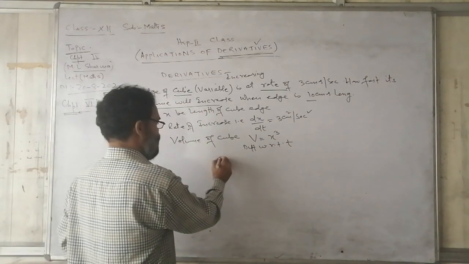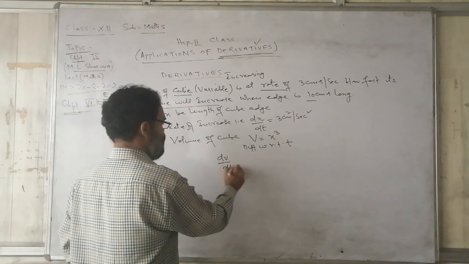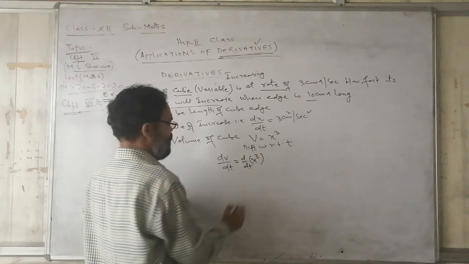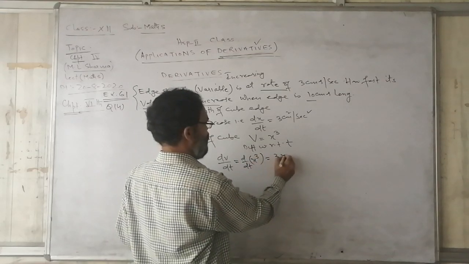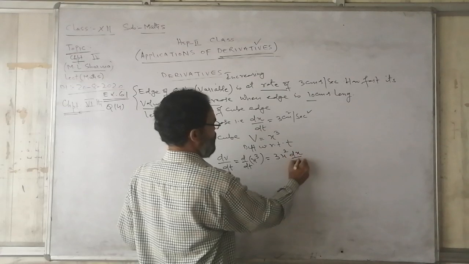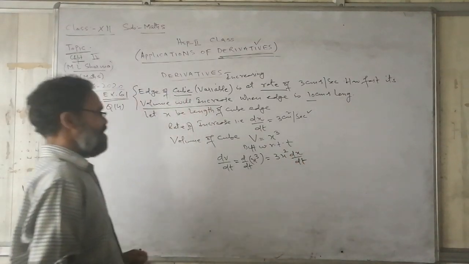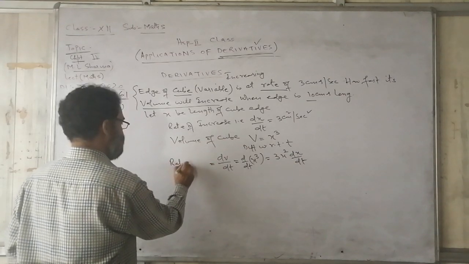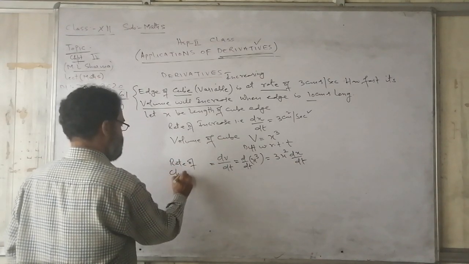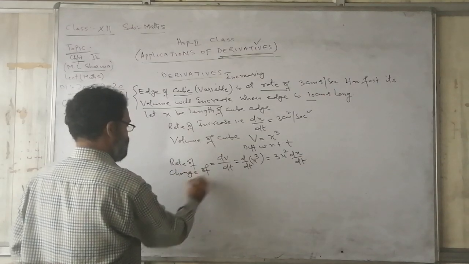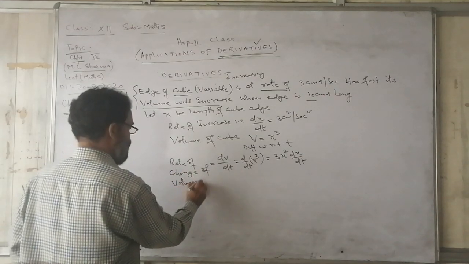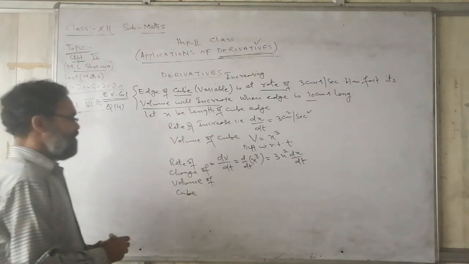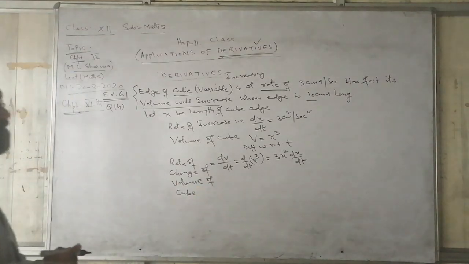So this will be dV upon dt, d upon dt of x cube. This will be equal to 3x square into dx upon dt. So this is the rate of change of volume of the cube with respect to time t.